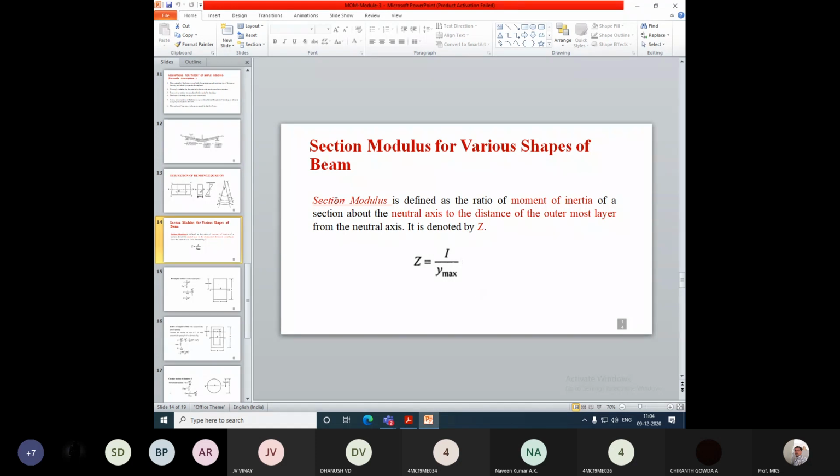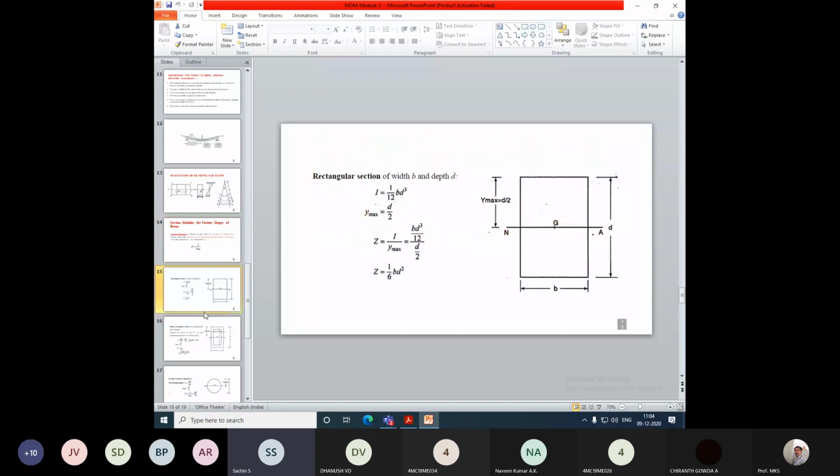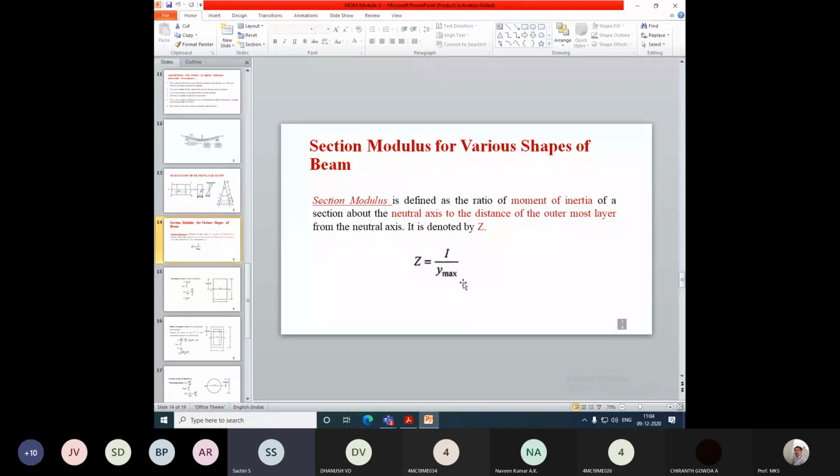So what do you mean by section modulus? We have M by I is equal to sigma by y.